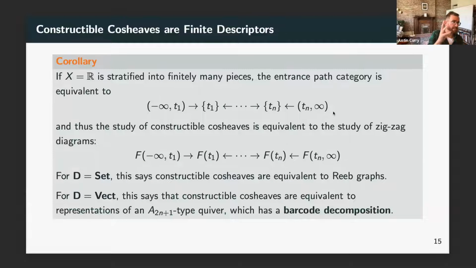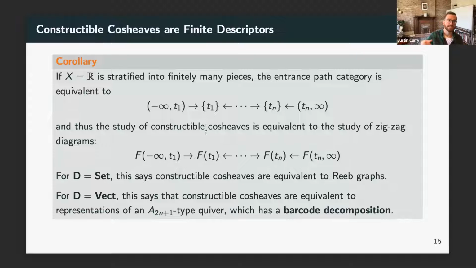Now, how does this show up in TDA? Well, when we're looking at Morse functions, the entrance path category just looks like I have representative objects for non-critical intervals and then representative objects for the critical values. And there's a morphism that goes from the non-critical interval down to the critical point or critical value.